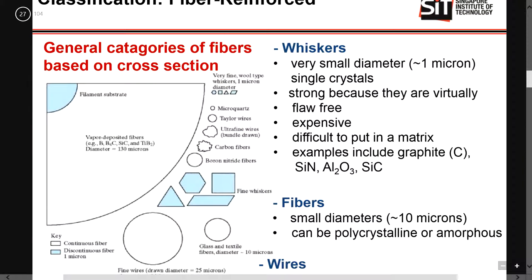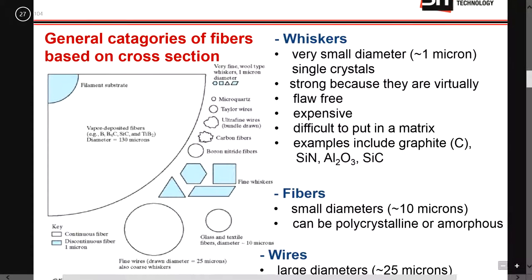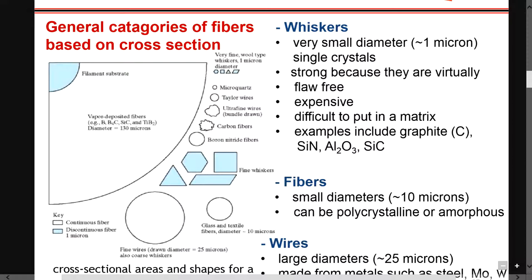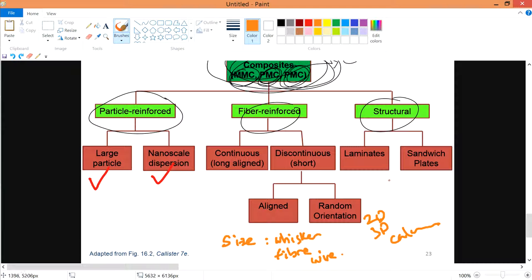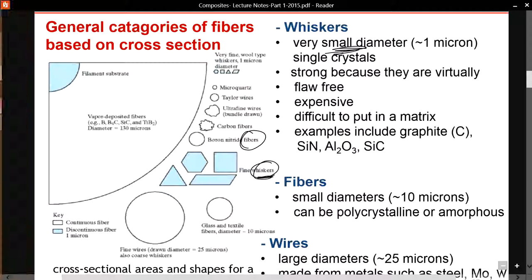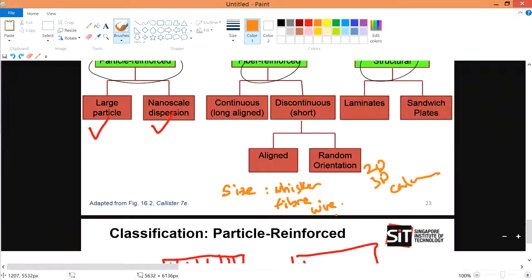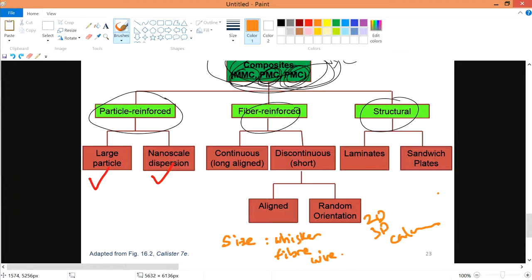Although it's not very well defined in these slides, because they say whiskers are the very small ones, and then the whiskers are larger than the fiber. I don't know what is going on, but anyway, you just need to know what they want, then okay already. That's all it is, and see you soon.